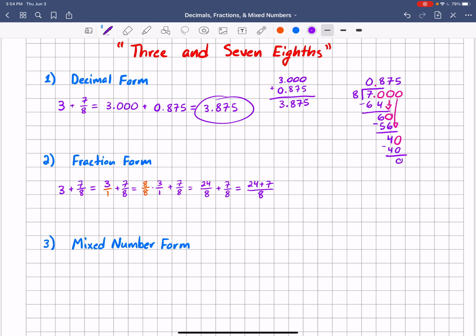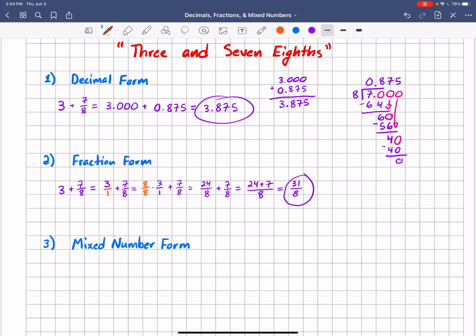And that's not a bad idea because that reminds us that once we have a common denominator, the denominator does not change. So the final step to this problem is to add 24 plus 7, and we get 31/8. So this is our final answer for 3 7/8 if we turn it into fraction form.